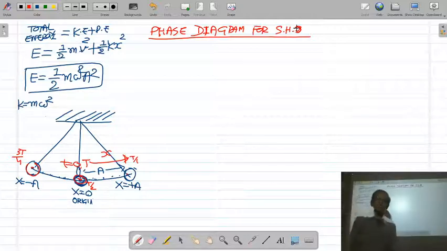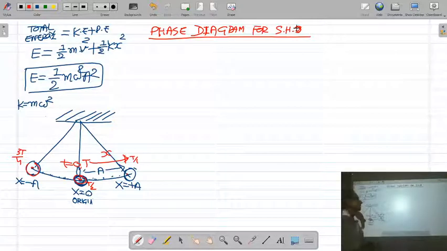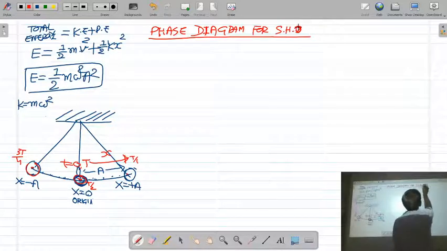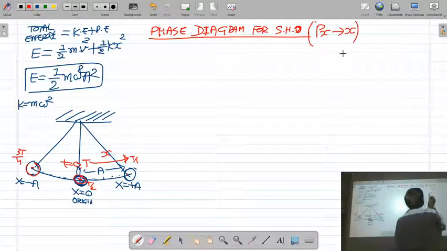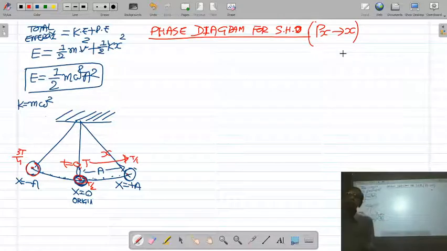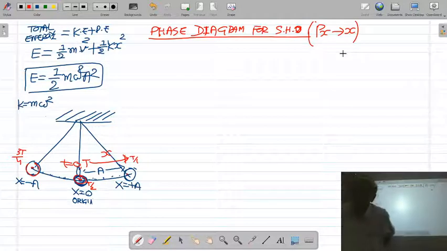Let us see the shape of the phase diagram, whether it is a circle, an ellipse, a square, or a rectangle. What is the phase diagram? It is a graph of momentum of the oscillator against displacement of the oscillator. Momentum is taken along the y direction and displacement is taken along the x direction. So the graph of momentum coordinate px against displacement position coordinate x is called the phase diagram for the simple harmonic oscillator.